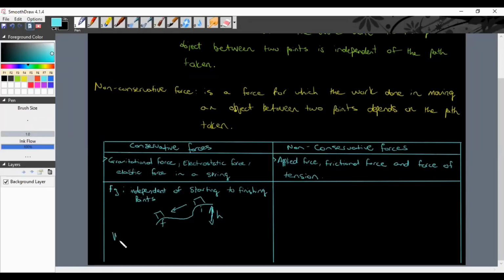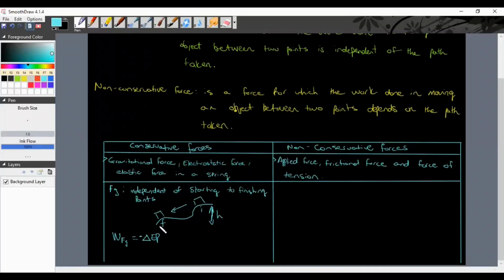So the work done by the force of gravity in this case is equal to the negative change in EP, because this is the difference between the final and initial energy values.